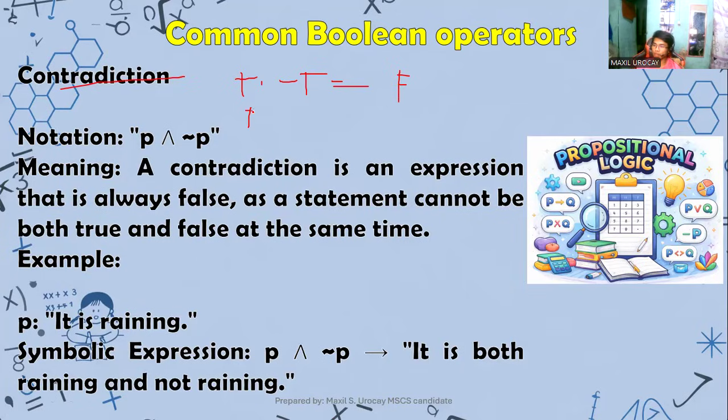Because in AND, true and this is false. Actually, not true will become false. So true times false will become false if you know the process of the AND operation. So it is raining, our P, and it is not raining. That is, it is both raining and not raining.